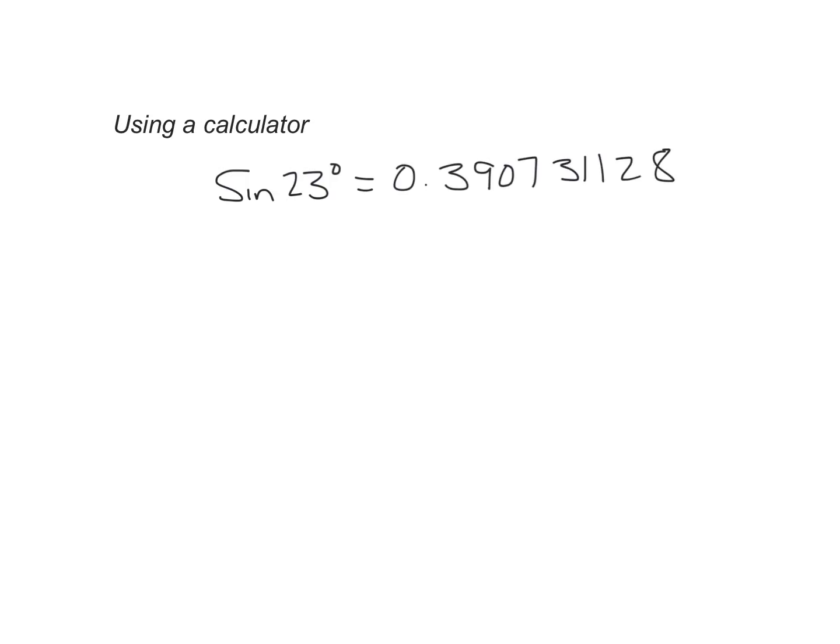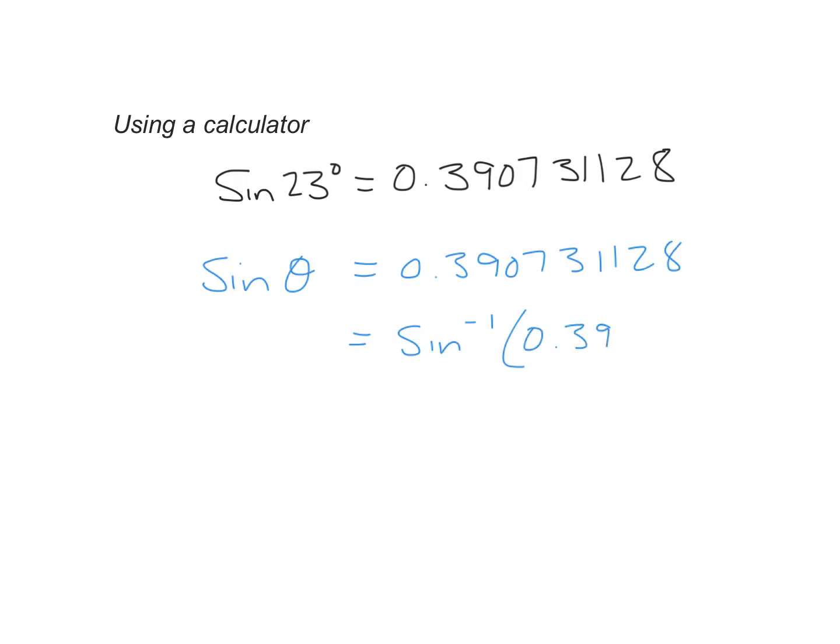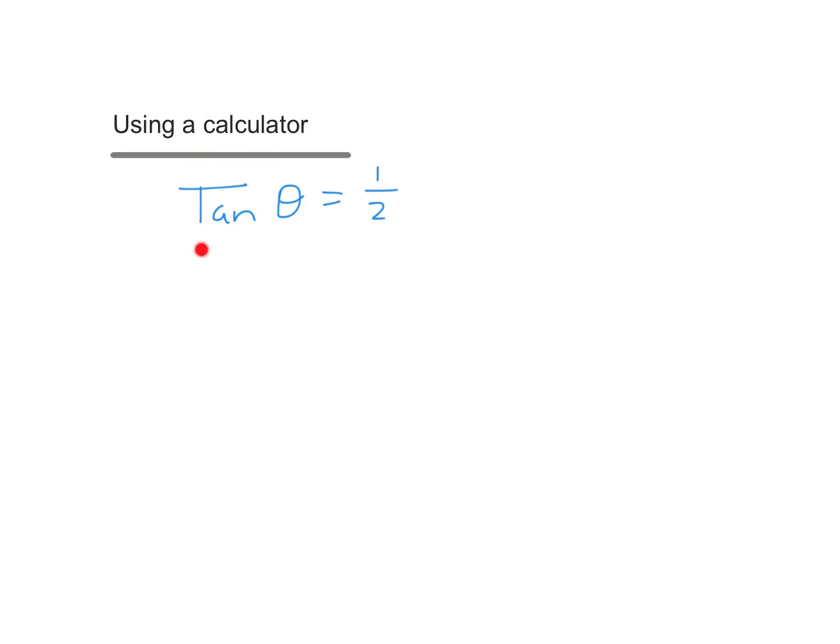Now if we were asked to find the angle for the value of 0.3907311128, we would put into our calculator sin -1, and then open our brackets, 0.3907311128, and we would find that it came to 23 degrees if I rounded it to the nearest degree.